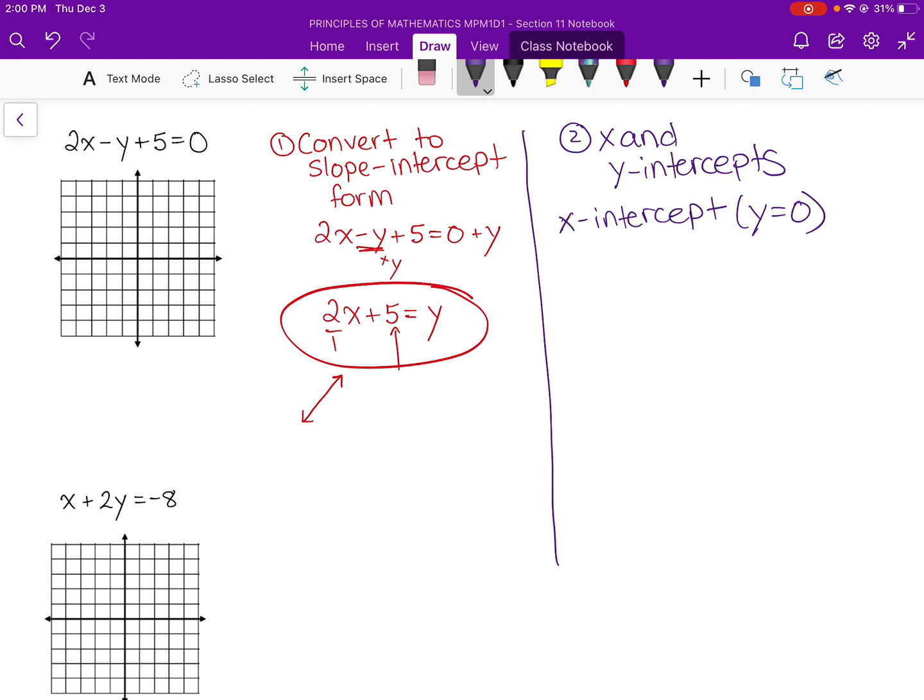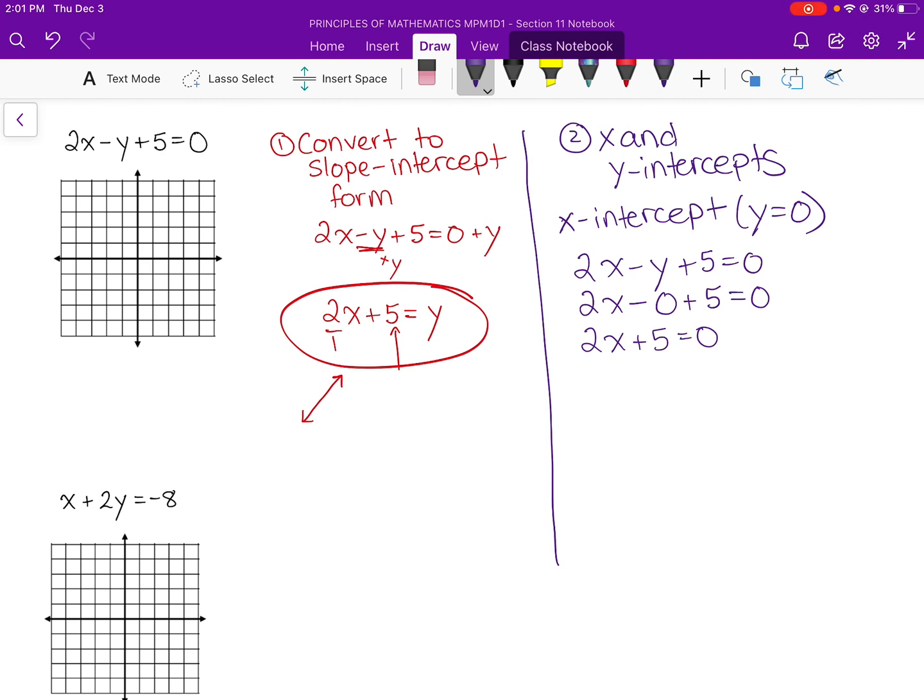You just take your equation, 2x minus y plus 5 equals 0, and change the y to a 0. So it becomes 2x minus 0 plus 5 equals 0. Now just solve this equation for x. So 2x minus 0 plus 5 would just be plus 5 equals 0.